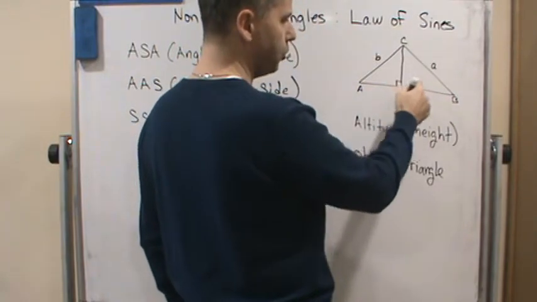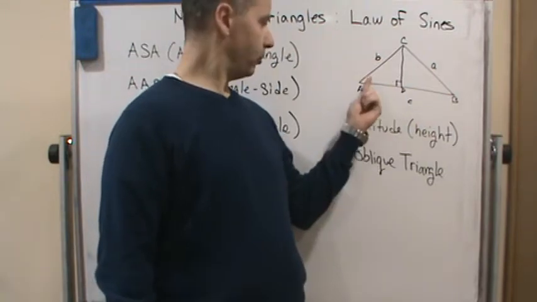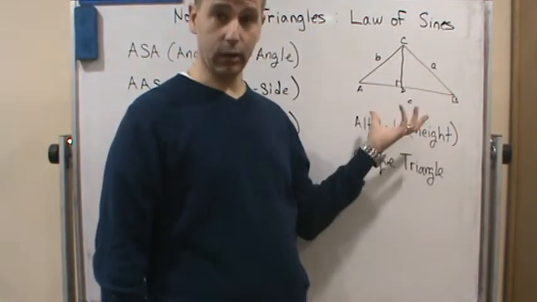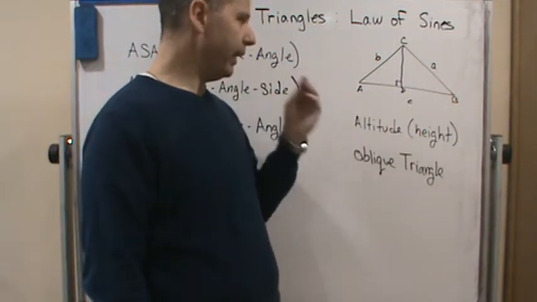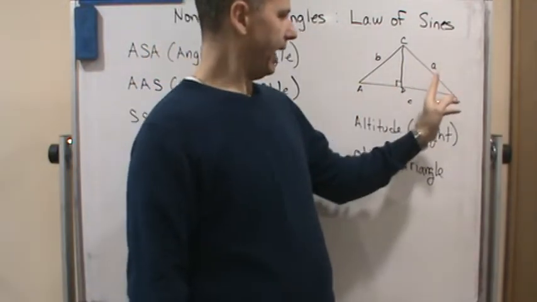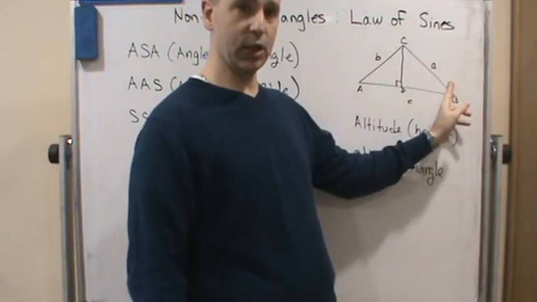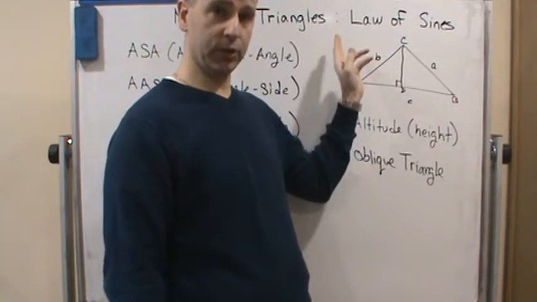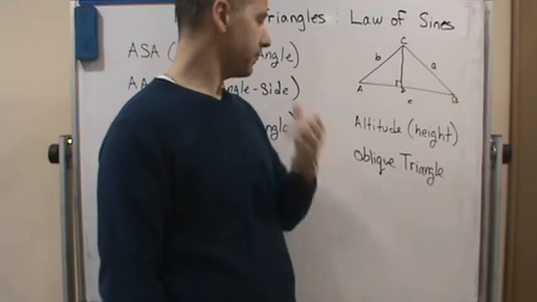Now we could use the altitude to form two right triangles, and then use trigonometry to solve for the different parts of the triangle. Or we could use the fact that the ratio of an angle to the measurement of its opposite side is proportional to the corresponding ratios of the other angles with their opposite sides.